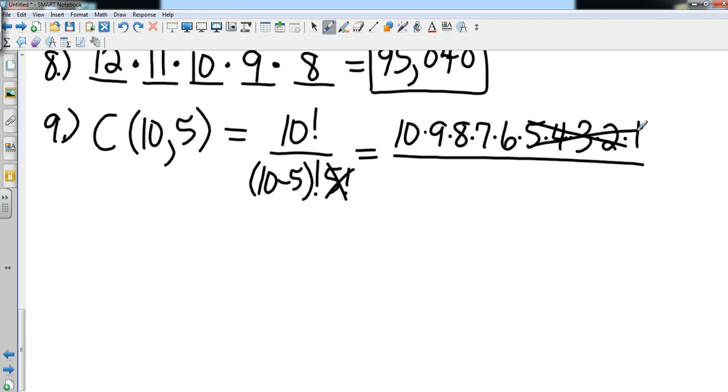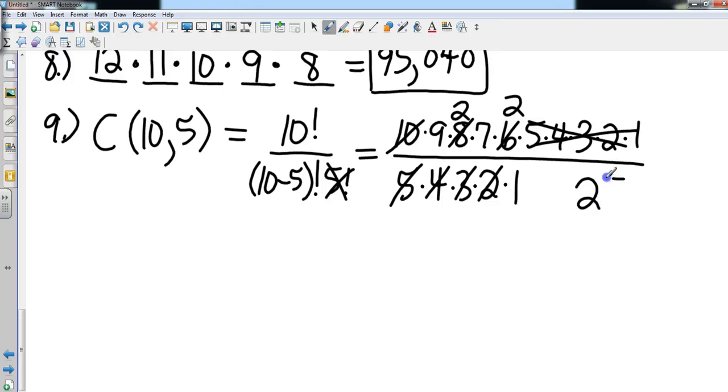And then inside my parentheses, I've got another 5 factorial, because 10 minus 5 is going to give me the 5 times 4 times 3 times 2 times 1. So I can cancel things here. 5 times 2 is 10. 3 can go into the 6 twice. 4 can go into the 8 twice. That just keeps me from having to reduce at the end. So that gets me to a total of 252 combinations.